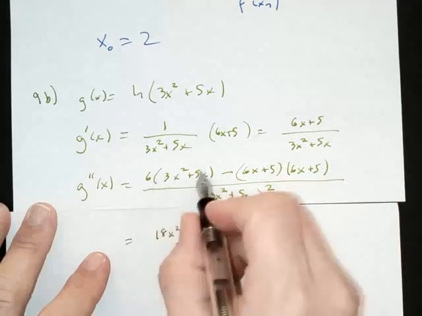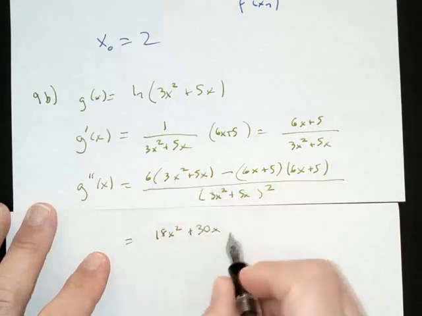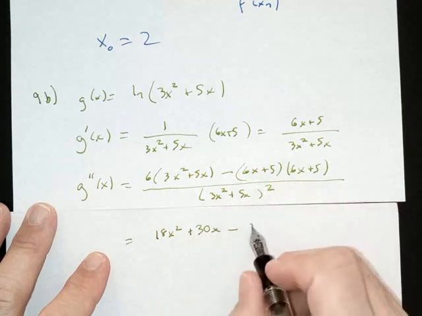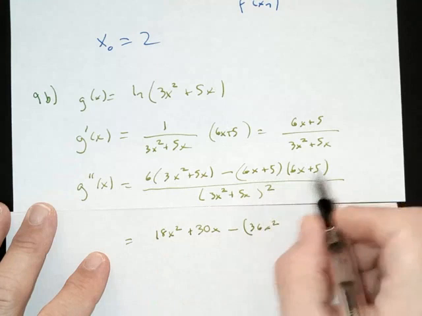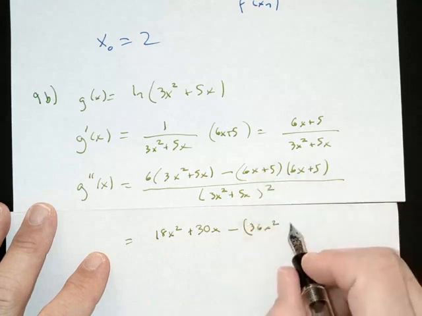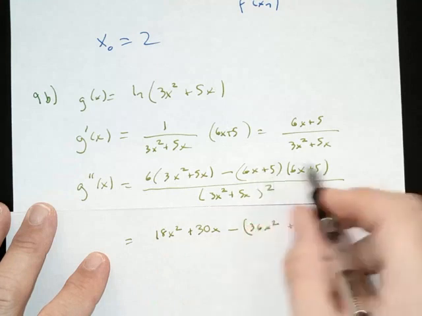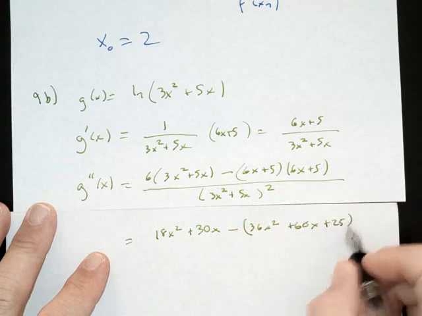18x squared plus 30x minus 36x squared. 5 times 6 is 30, 5 times 6 is 30, 60x plus 25.